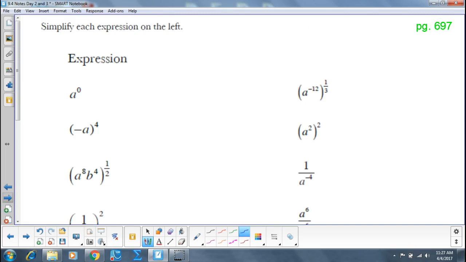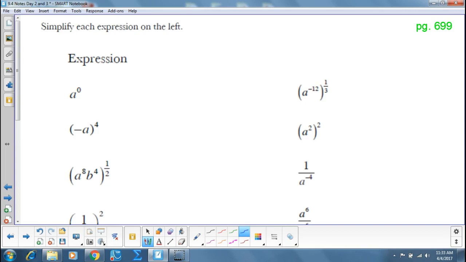I want you to simplify them. Okay? Using the powers that we just did. Go. Now, on mine, it jumps around a little bit, but they're all on your page. Just so you know. Okay? So you want to go left to right, top to bottom, or top to bottom, and then go to the right column.